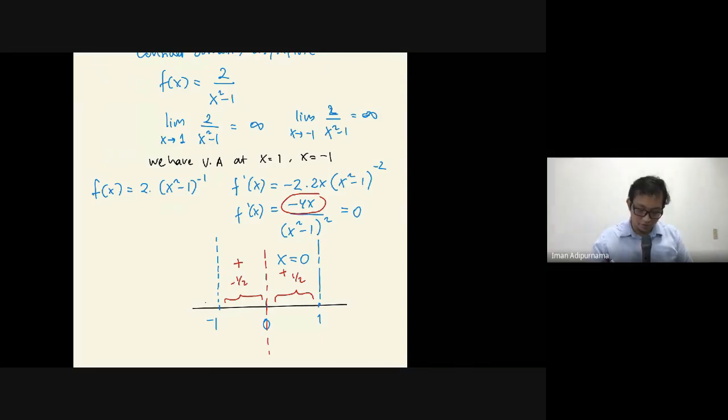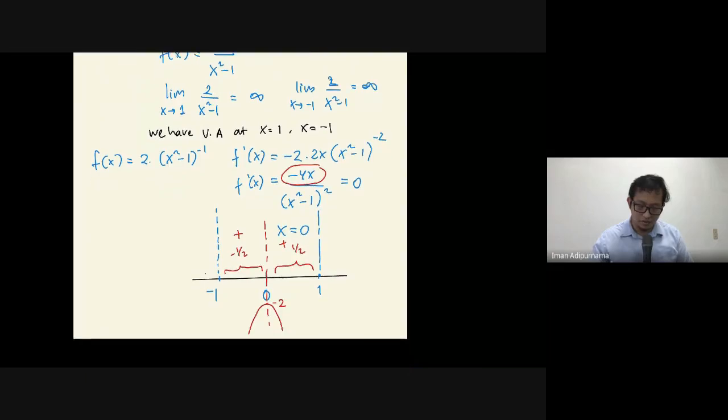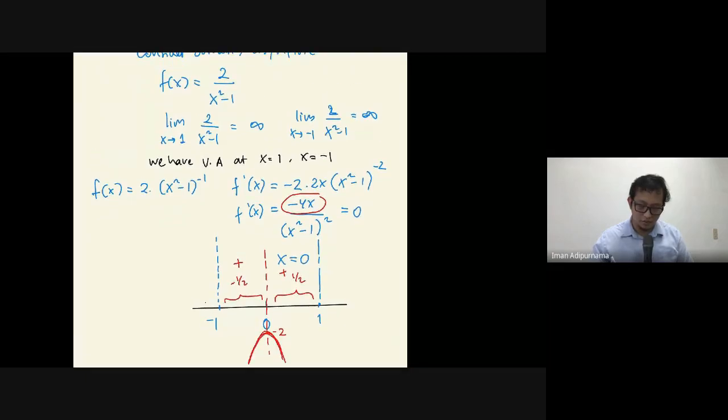So let me draw -2 here. This is -2. So maybe here, the graph is like this one. And you can try less than -1 and more than 1. It will be like that.